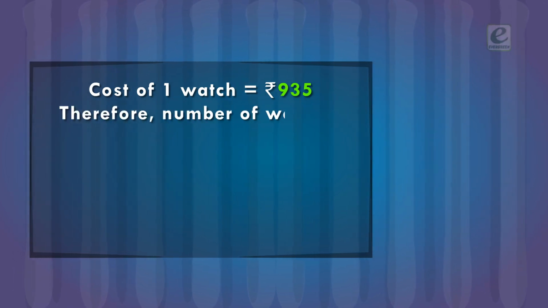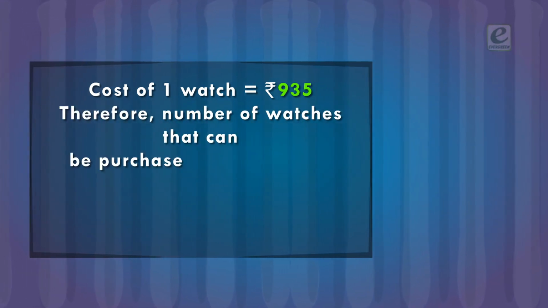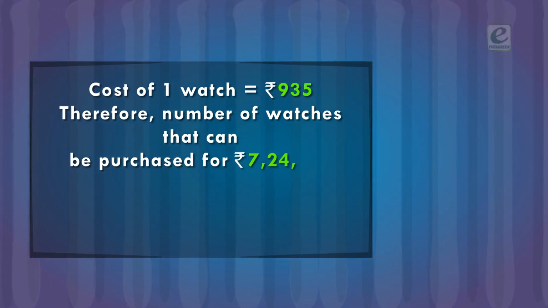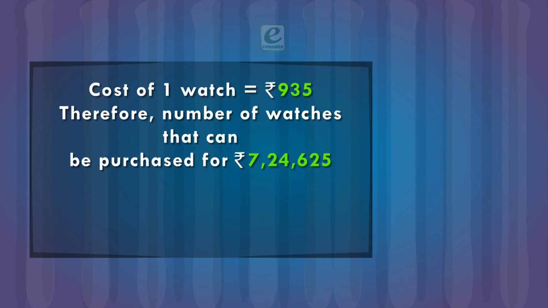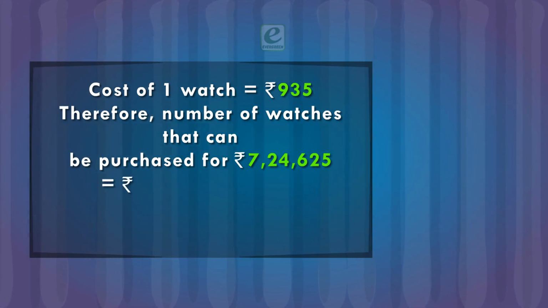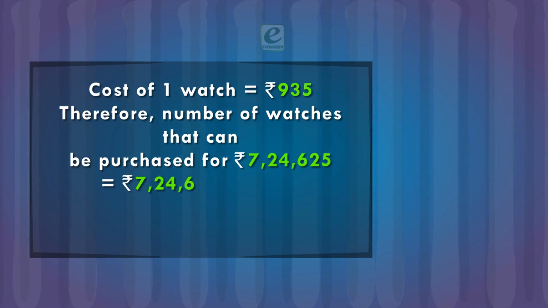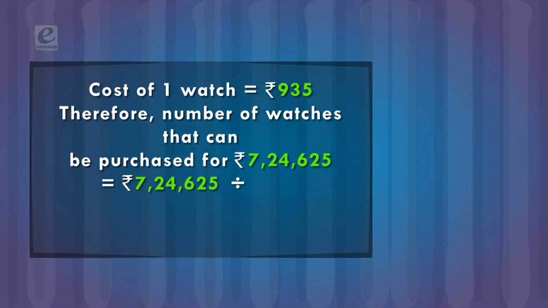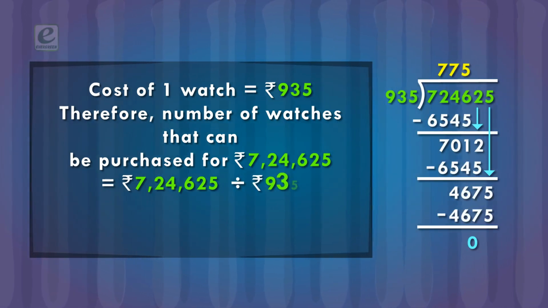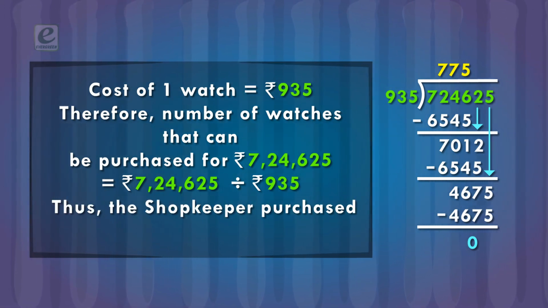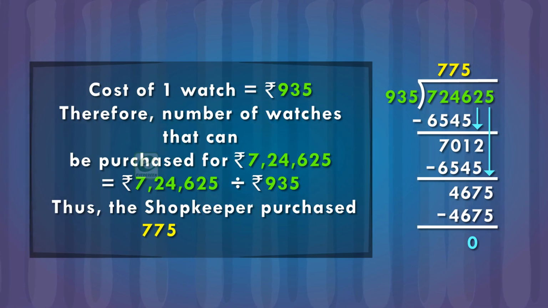Therefore, number of watches that can be purchased for rupees 7,24,625 will be rupees 7,24,625 divided by rupees 935. Thus, the shopkeeper purchased 775 watches.